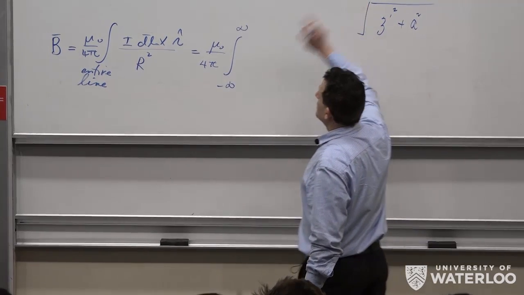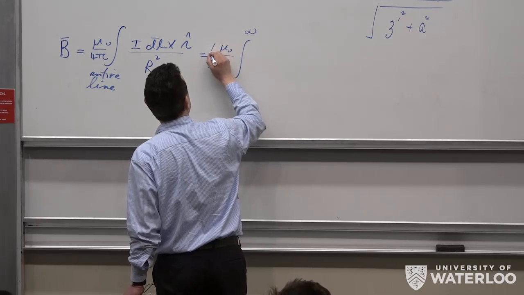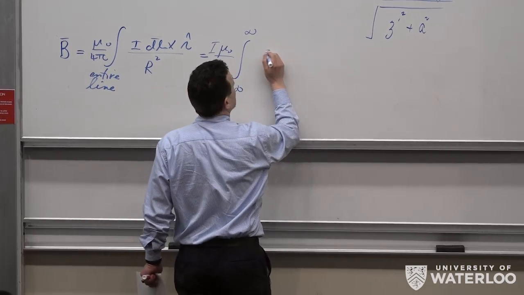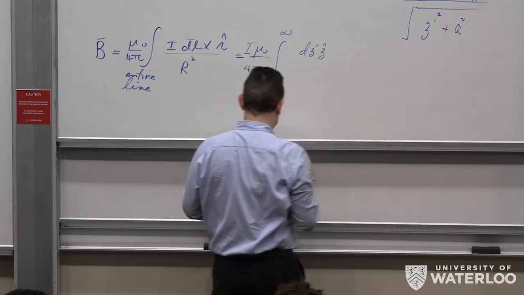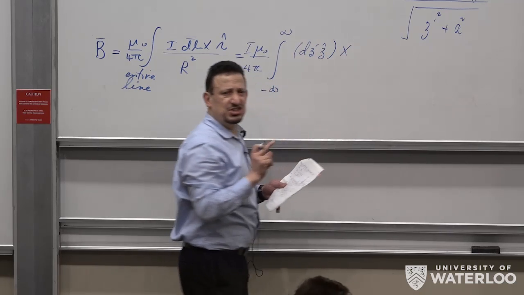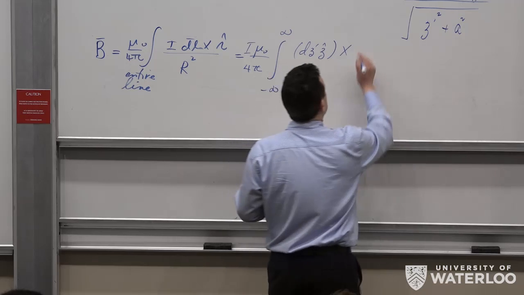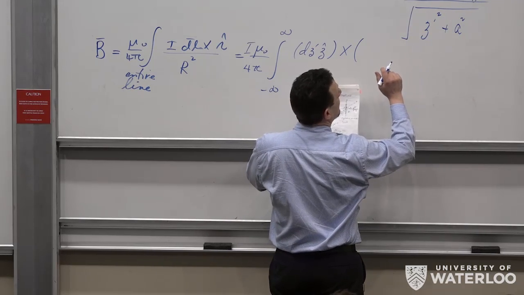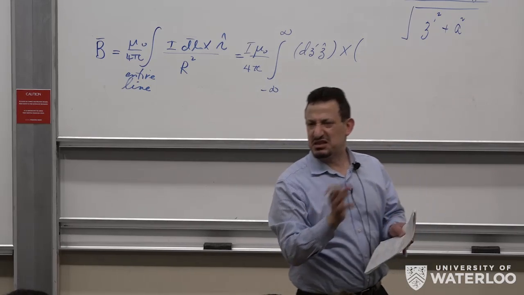I'm going to start putting everything else in. I can take the I out. I have dl, so I have dz prime z hat, cross. Don't rush into these, you can easily make a mistake. Crossed with what we have right there, which is, interesting, in the notes I used R, but let's continue.